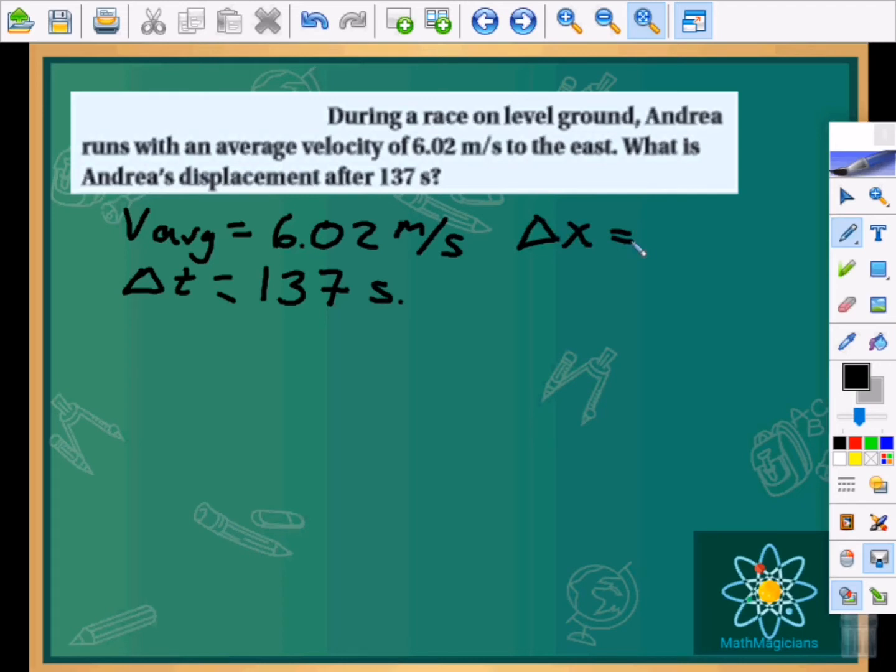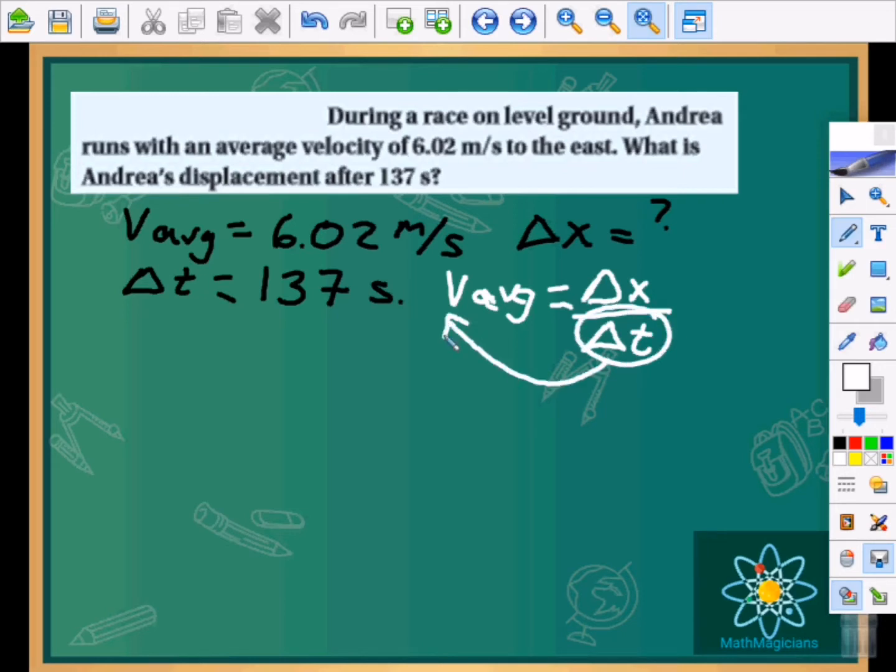My formula stated that my average velocity, let's use another color, is equal to your change in x over your change in time. If I am looking for my change in x, or my position, I have to move this time to this side as a multiplication.